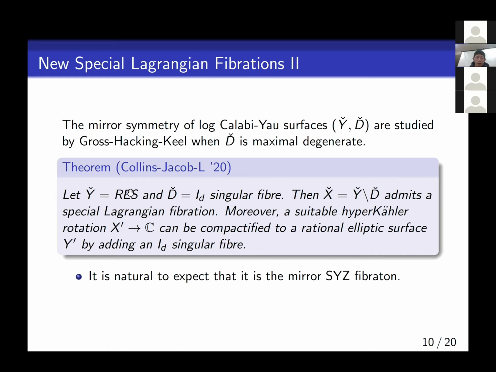In the rational surface case, we also prove a similar result. If you have a rational surface with an I_d fiber, the complement will have a special Lagrangian fibration. Moreover, you can do a hyperkähler rotation, and after the rotation, you can also compactify to another rational surface by adding an I_d fiber.